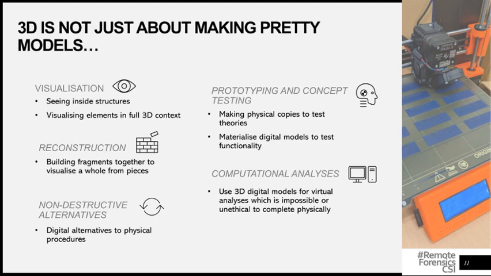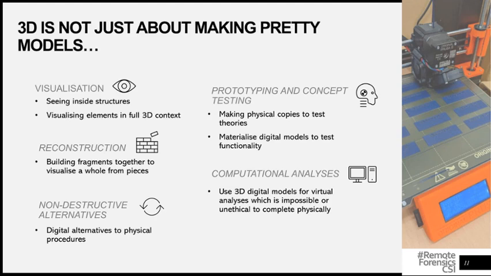The other thing you can do, and this is something I'm particularly passionate about and want to take my research forward in this way, is using 3D digital models for virtual analyses. So things that are impossible or entirely unethical to complete physically. Specifically, I'm interested in how much force, and in what direction, you need to apply in order to break a bone.